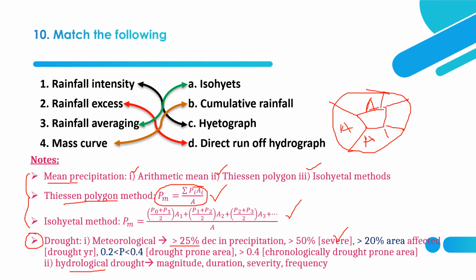When more than 20% of an area is affected by a decrease in precipitation, that year is called a drought year. If the probability lies within 20% to 40%, that area is called a drought prone area. When the probability is greater than 40%, it is called a chronically drought prone area. In case of hydrological drought, it is affected by magnitude, duration, severity, and frequency. These are some concepts and terms behind drought.